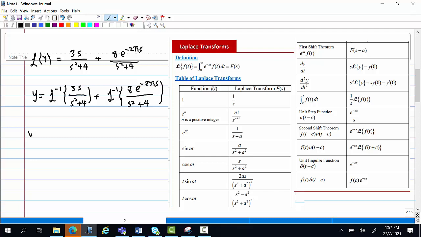You can take out 3 times the inverse Laplace transform of s over s squared plus 4, plus, taking out 8, the inverse Laplace transform of e to the minus 2πs over s squared plus 4.